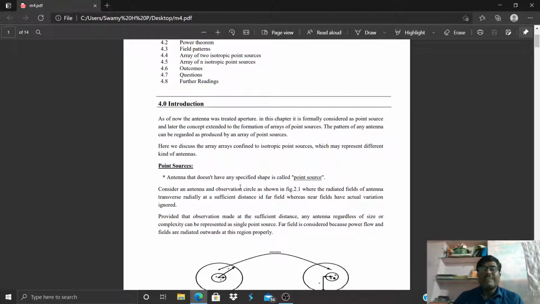An antenna that does not have any specified shape is called a point source. I told you that between the antenna and the transmitter, a transmission line is connected to carry the signal from the transmitter to the antenna. One end of the transmission line is connected to the transmitter, from where the signal is guided to the open end of the transmission line.